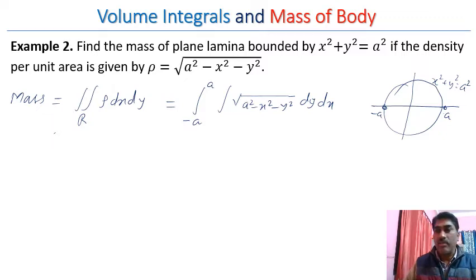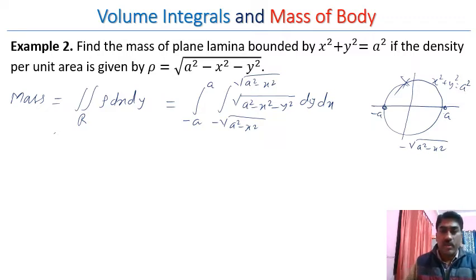Then y varies from minus square root of a square minus x square to plus square root of a square minus x square, the lower and upper halves of the circle. We have already learned about these things in the previous lectures, so I am not emphasizing how we get these limits. So this is the integral that we have obtained, and we have to simplify it.